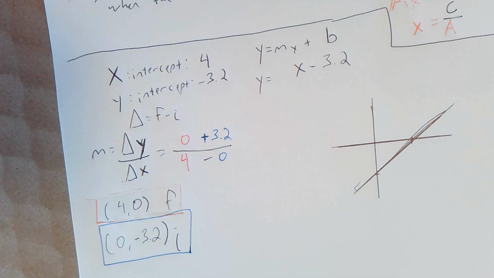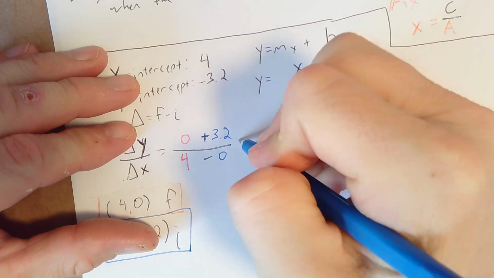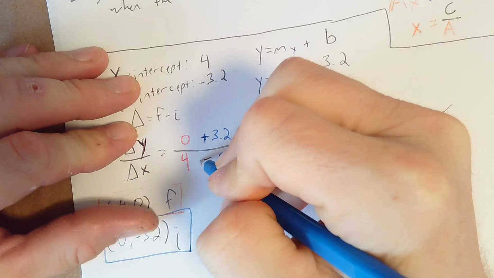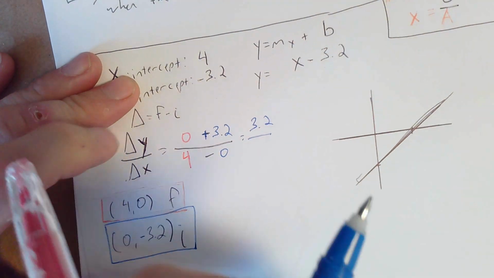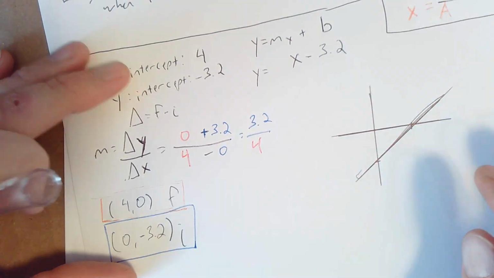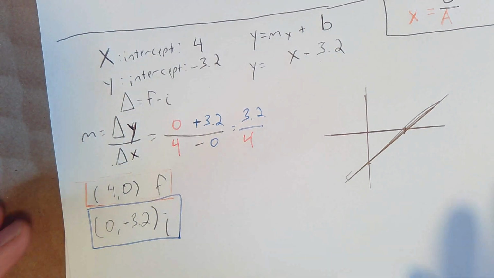Alright, so now I have a 0 plus a 3.2 is going to be equal to a 3.2. 4 minus 0 is going to be a 4. So it's going to be 4 divided by 3.2.